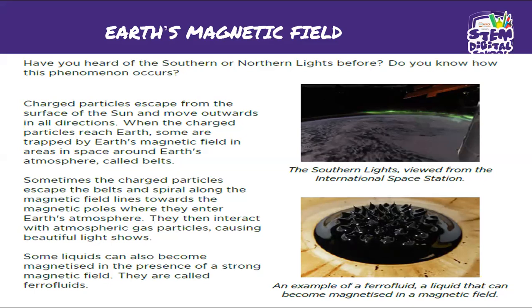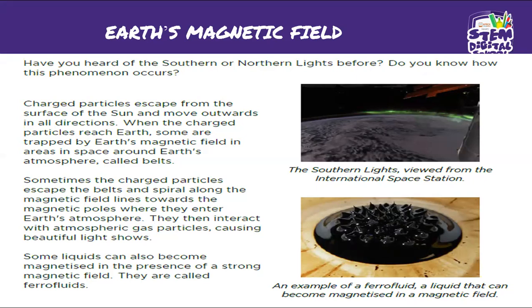Charged particles escape from the surface of the sun. So the sun above us produces particles, and these are charged particles. Charged particles can either be positive or negative.